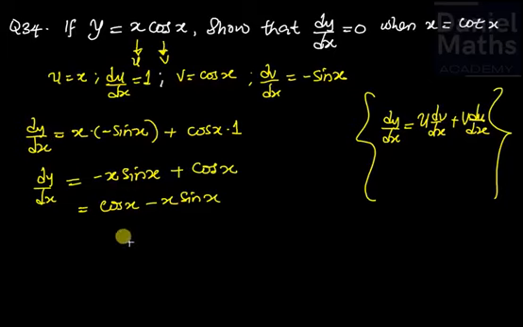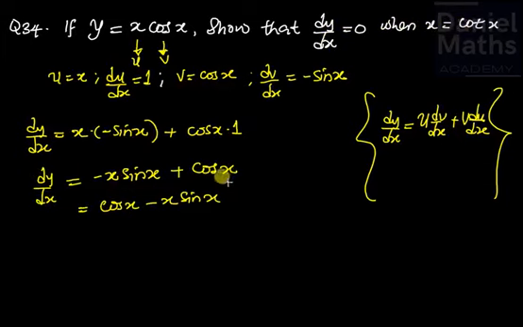So take note, this is dy dx. But we are told here that we should show that dy dx is equal to 0 when x is equal to cot x. So let's equate this to 0.